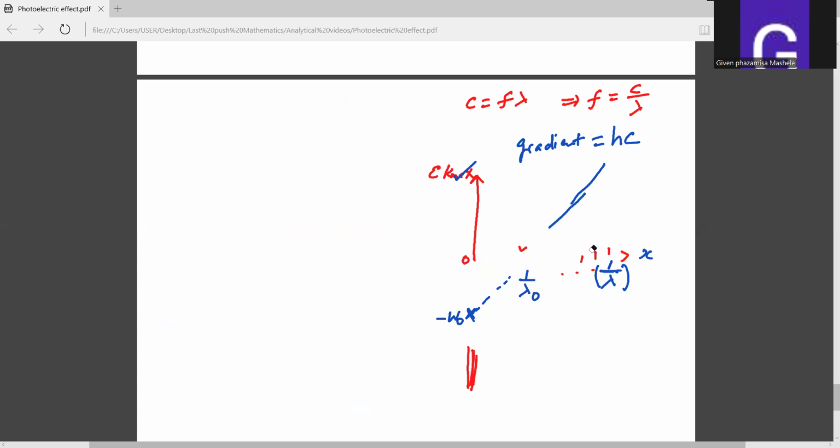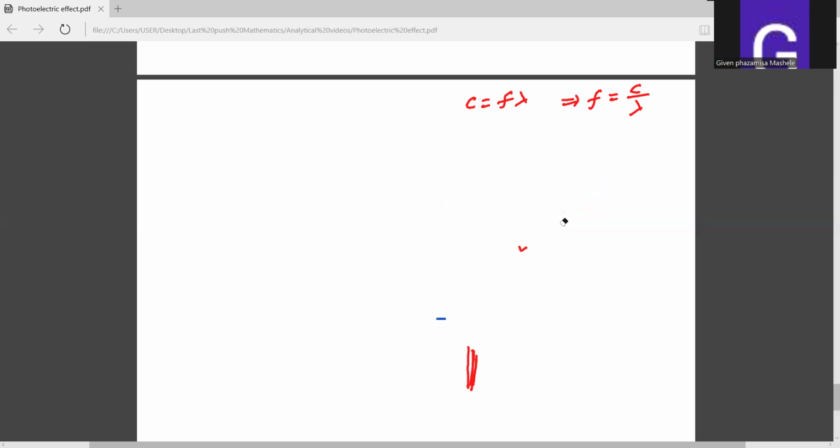Now, we want to go deeper and explain more about this. Remember, I said kinetic maximum versus frequency, the gradient is Planck's constant. Kinetic maximum versus 1 over lambda is going to give us hc as the gradient.